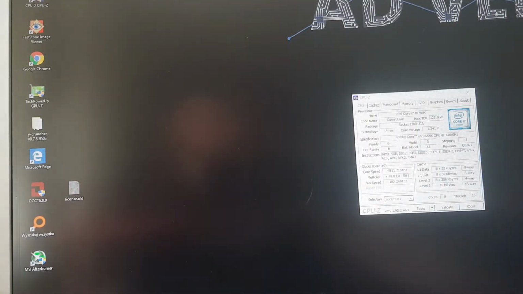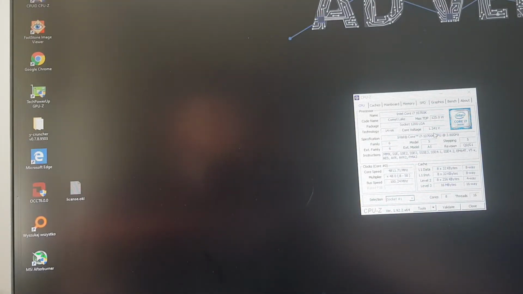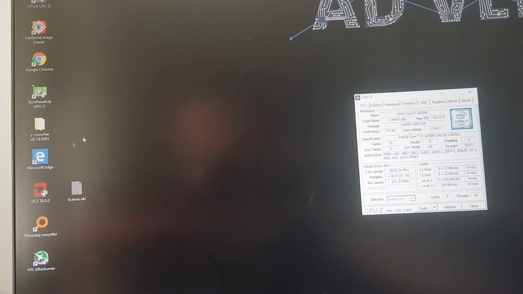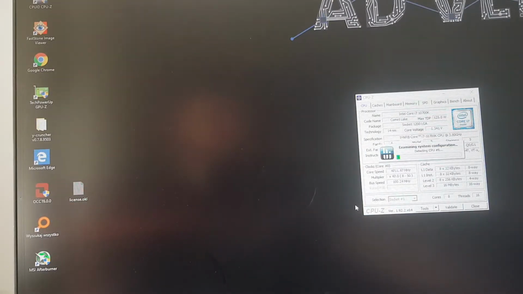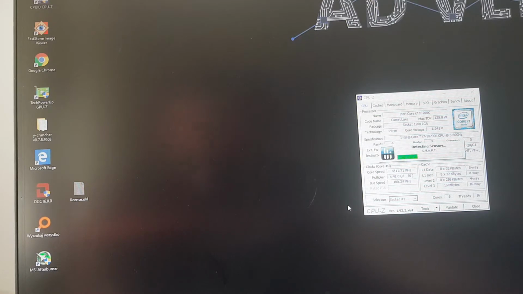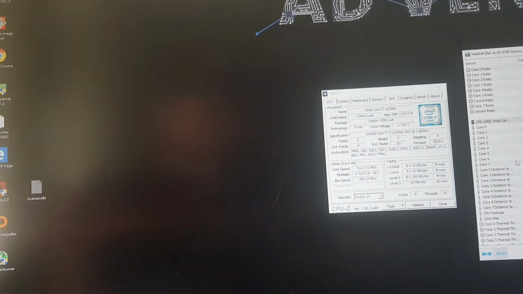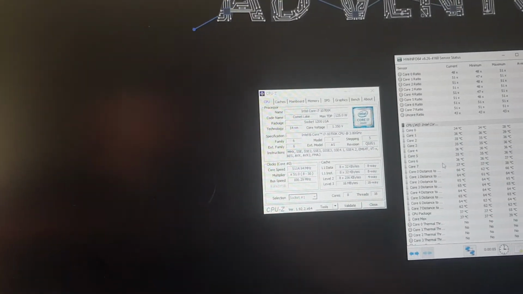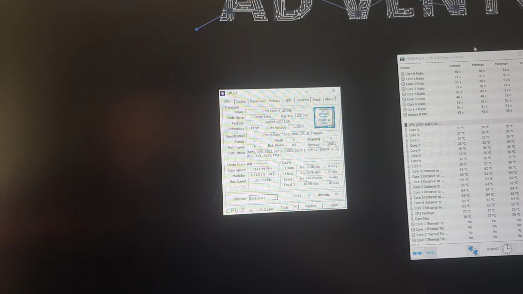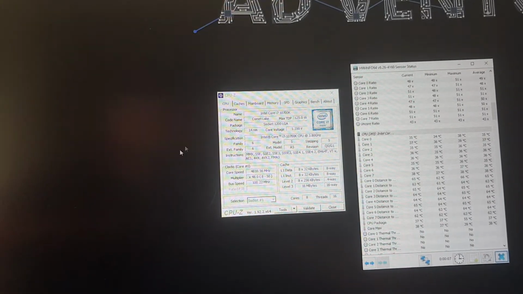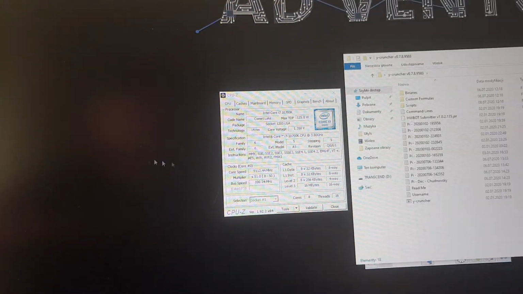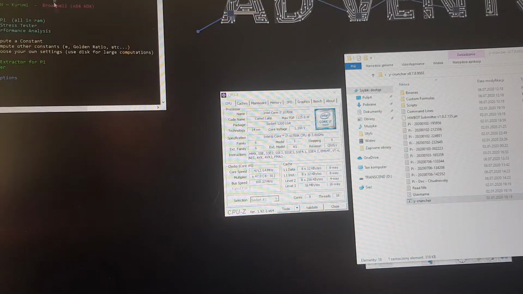The voltage is 1.341, automatic voltage, I remind you. Now if I put HWiNFO64 into place, we will see that we have temperatures around 35-36 degrees, and we will run Y-cruncher.